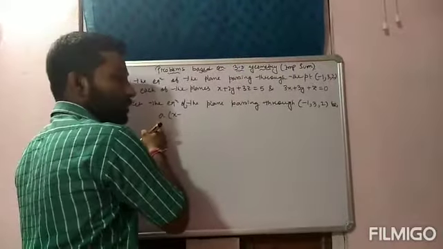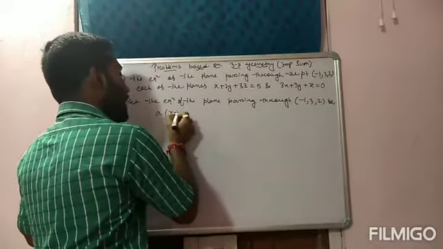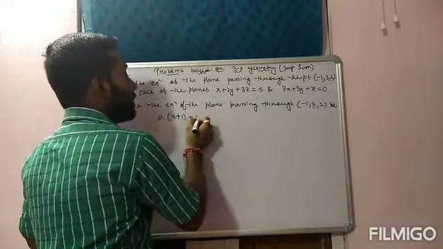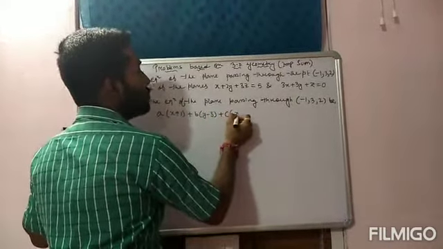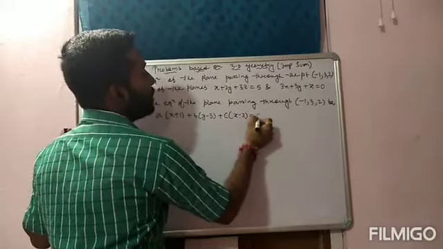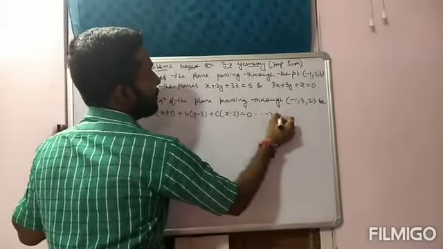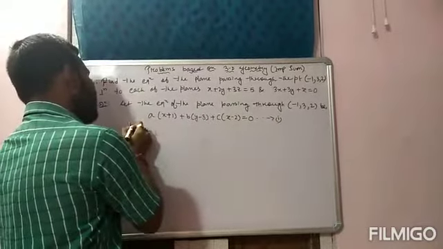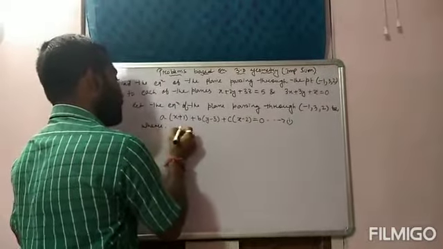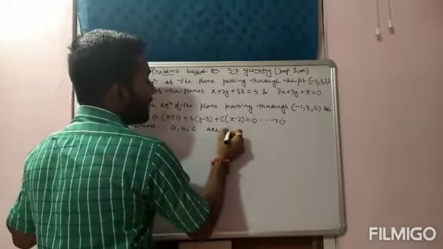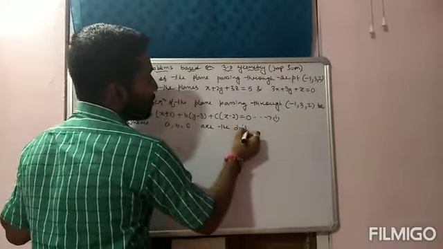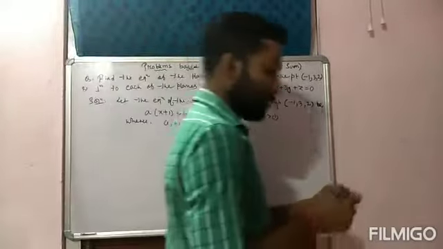So let the equation of the plane be a into x plus 1 plus b into y minus 3 plus c into z minus 2 is equal to 0. Say this is equation number 1, where a, b and c are the direction ratios of the first plane, that means of equation 1.